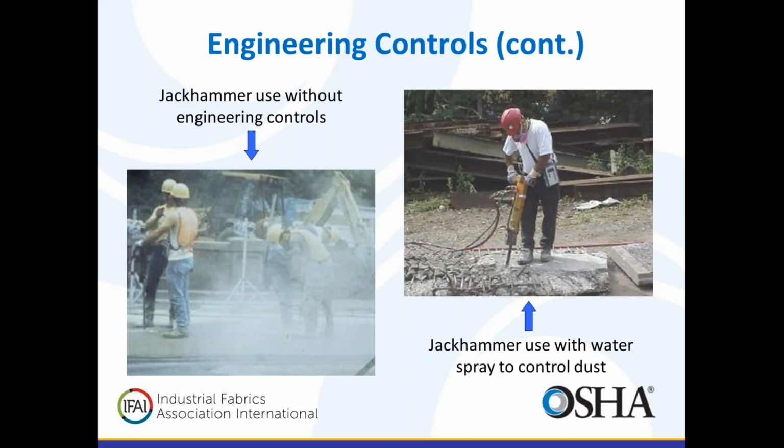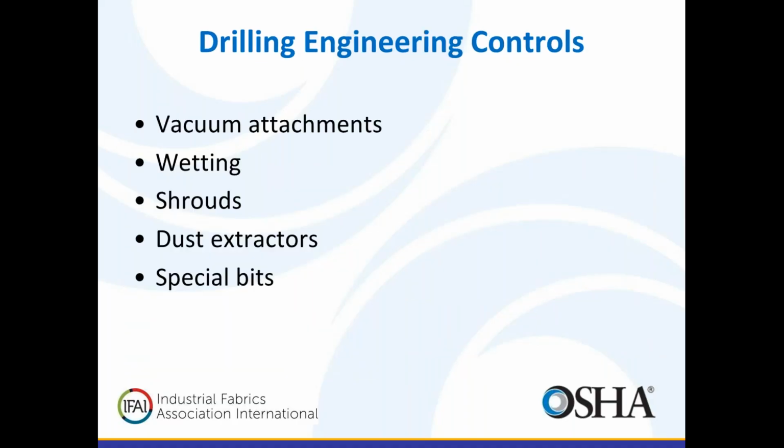Okay, some of the engineering controls that I have seen out there for your industry. I know that you mostly drill holes in walls and blocks to set up attachment points for the stuff that you sell. Anyway, there are vacuum attachments that go on the drills. There are ways to wet the blade. There are wetting attachments to wet the drill bit.